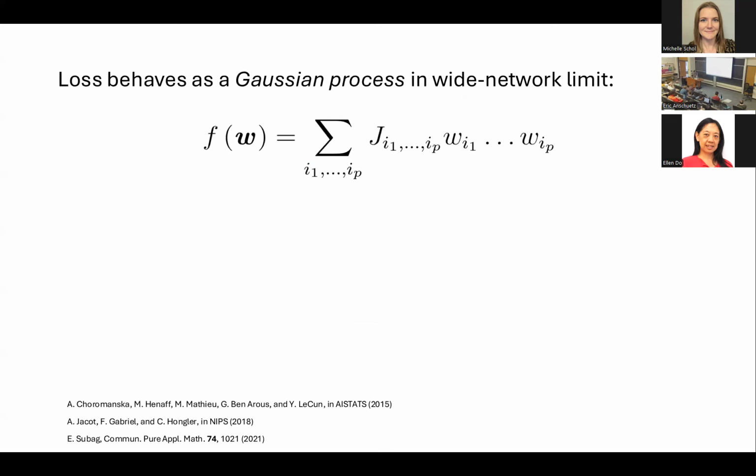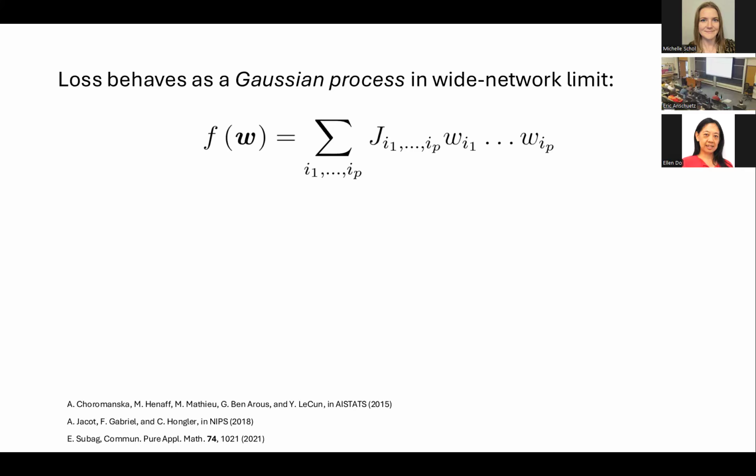And you can show, I'm skipping many steps obviously, that this optimization procedure is essentially equivalent to trying to find the minimum of a random polynomial. You can view roughly this randomness as coming from nonlinearities in your network. And the degree of the polynomial goes as your depth.